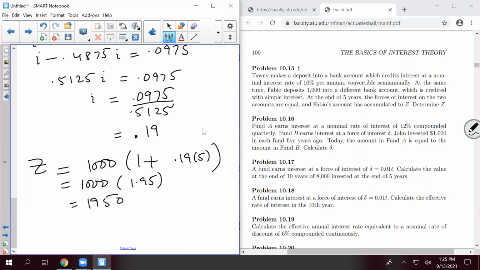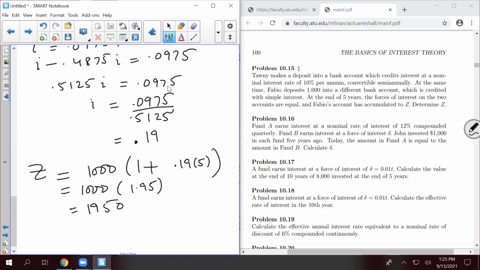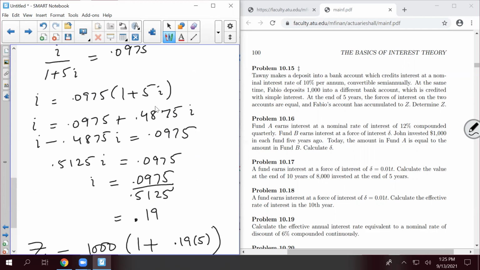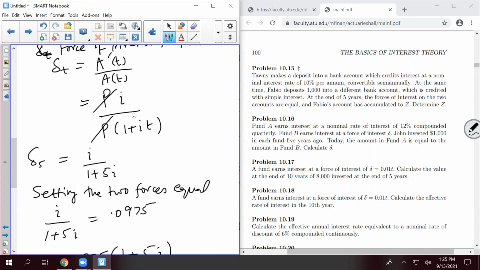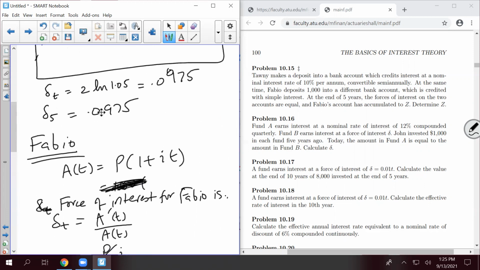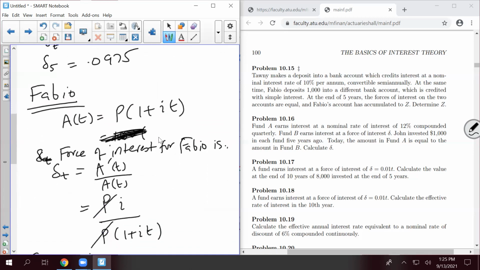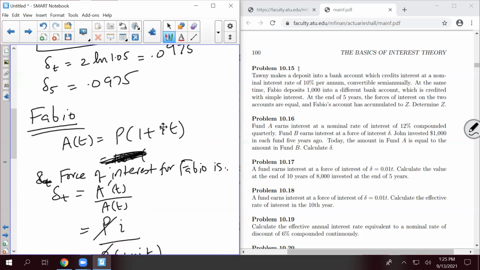We rounded a lot. It gets close. It's 1951.22. So I think we rounded the 0.0975 also, in Tawny's part. What did we round in Tawny's? Oh yeah, this one. Until then it's exact, and then this one is rounded, the 0.0975. So I think that this is the rounding that's causing it. You can just make sure.